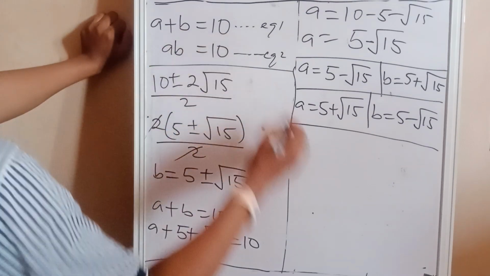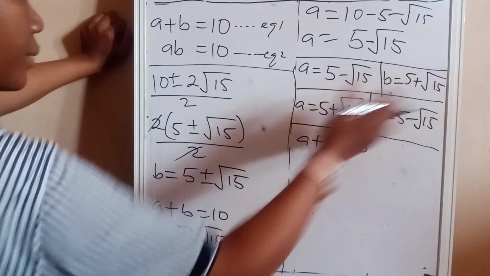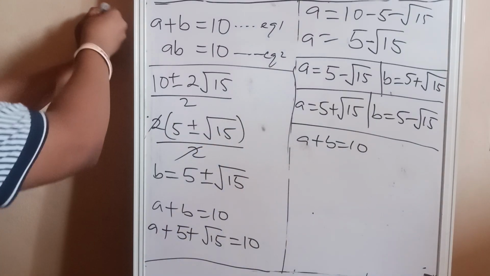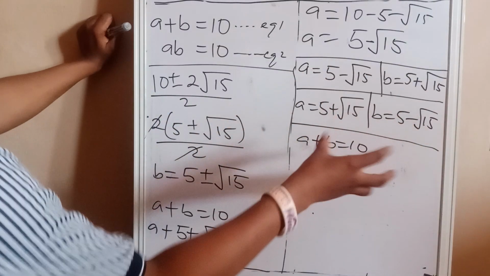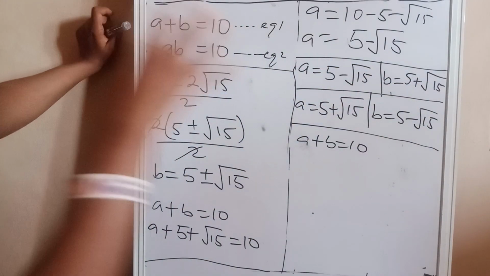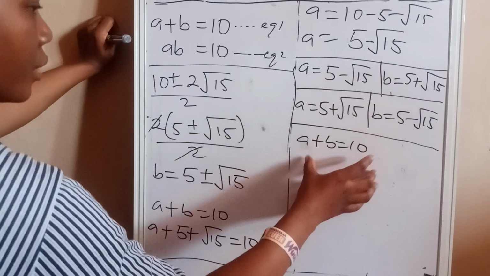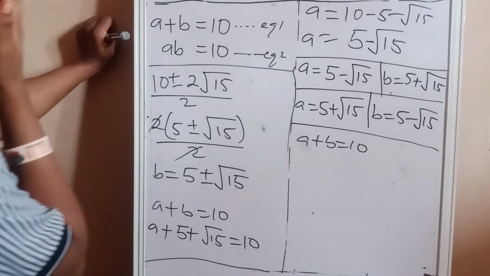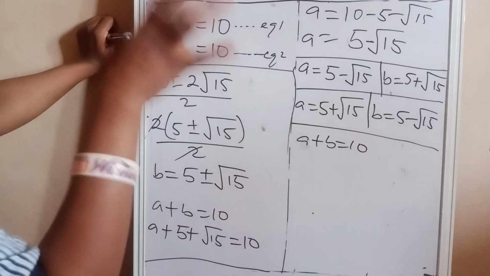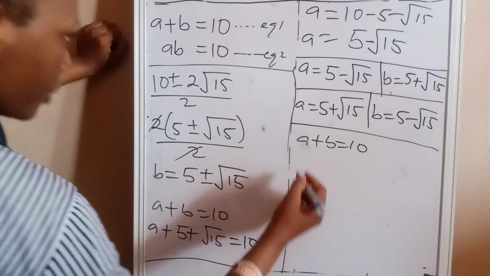The first one is a plus b equals 10. When you want to do a comprehensive check, you'll use each of these for one equation and each for the other equation. But not to make the video too long, let's just use each for the next equation. You can do the other way around and you're still going to arrive at the same answer. So in order not to waste our time, let's do that.